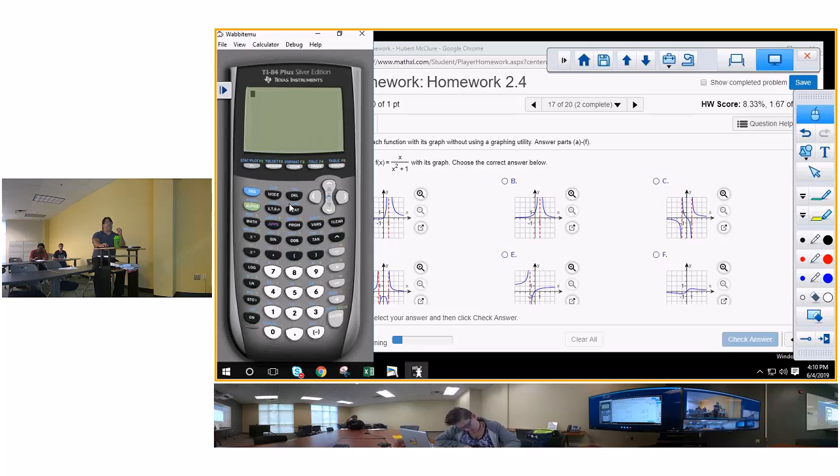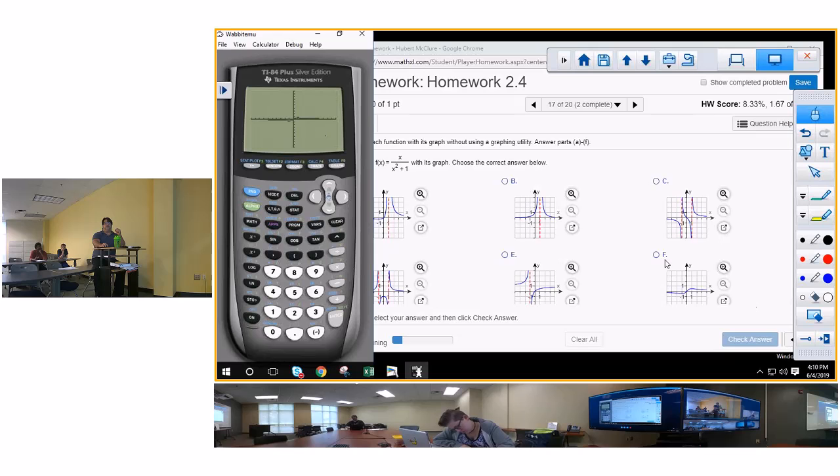So graph y equals parentheses x, close parentheses, divided by parentheses x squared plus 1, close parentheses, graph.